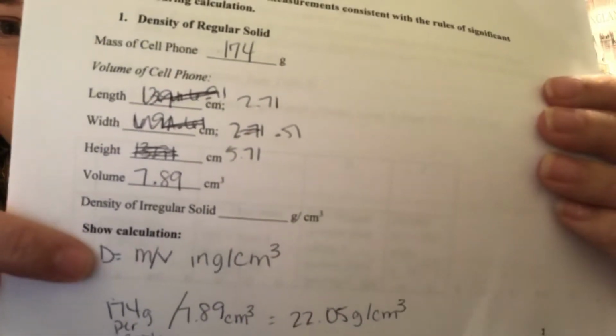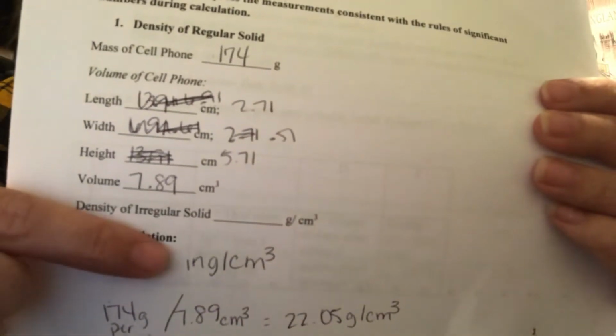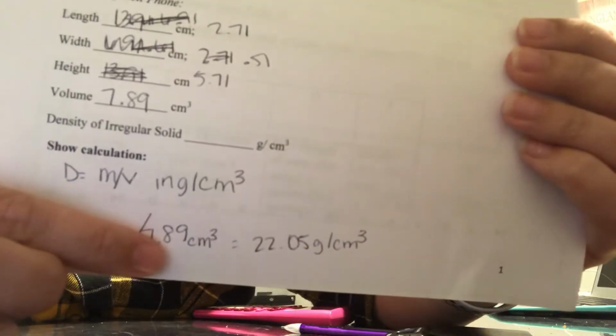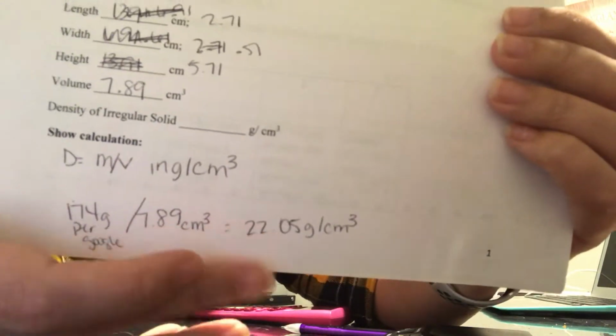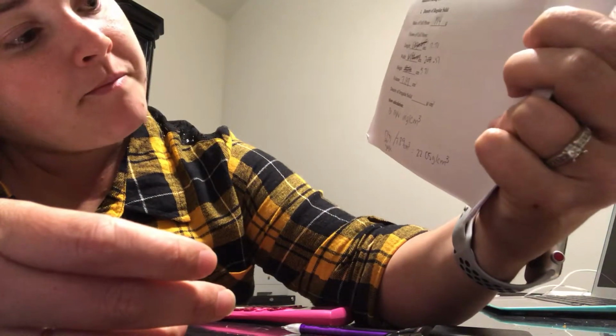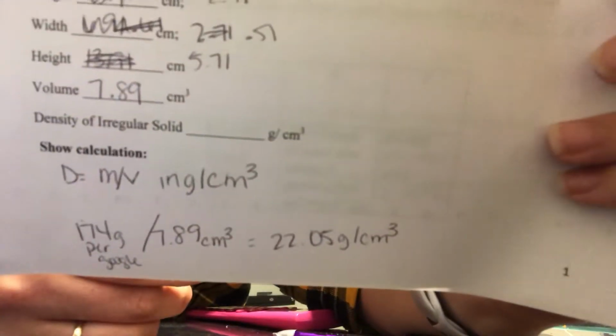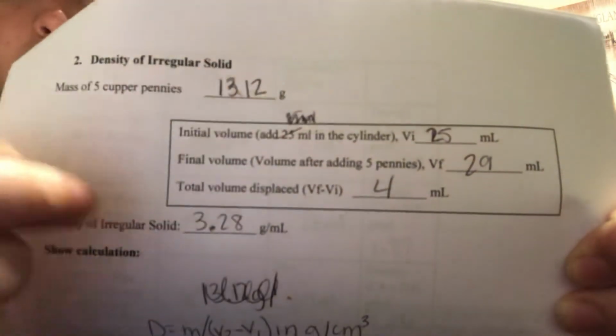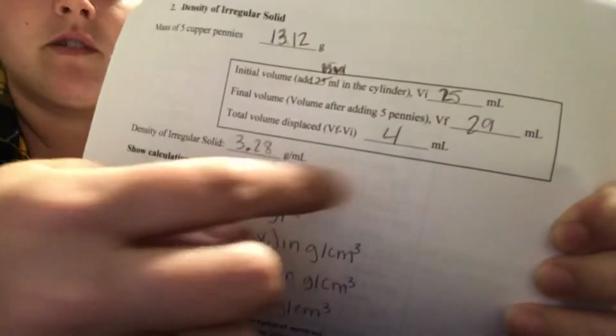And then I put the formula here, density equals mass divided by volume. So I did the mass, 174, divided by the volume, 7.89, and it was 22.05 for that problem. And then this page for the mass of your regular solid, which was the pennies, 13.12, and then the final versus initial, and then the chart after that.